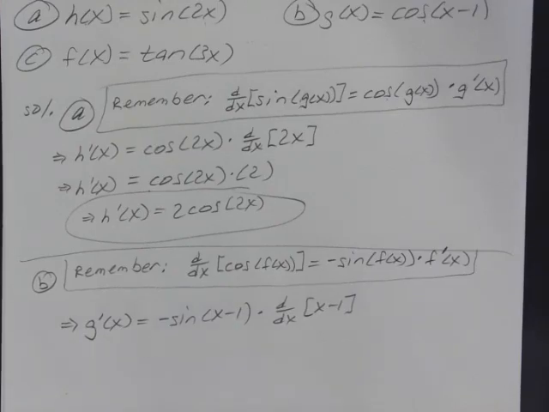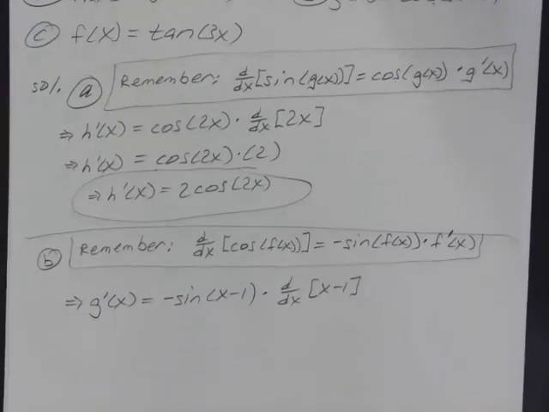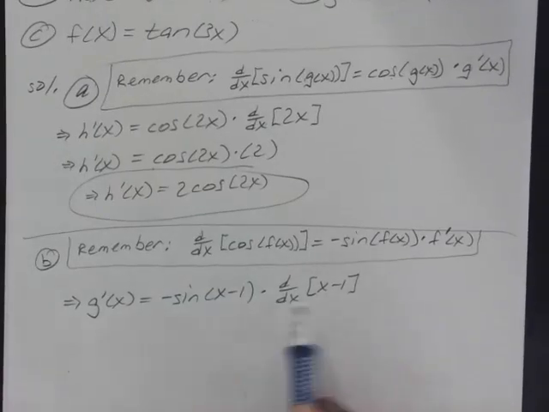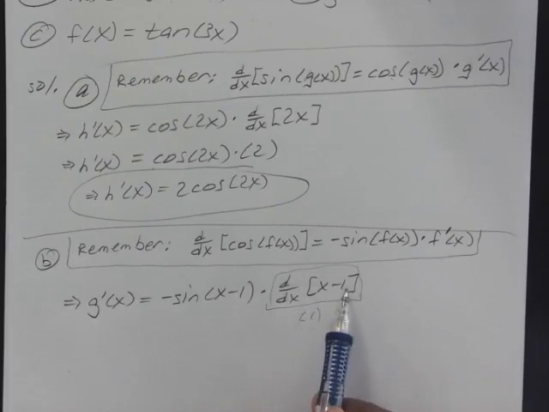Okay. Well, the derivative of x minus 1 is just 1. Because the derivative of x is just 1, and the derivative of 1 is just 0. So 1 minus 0 is 1.